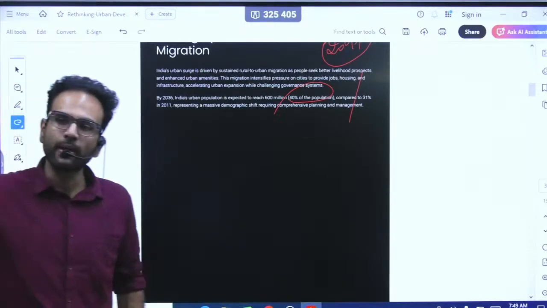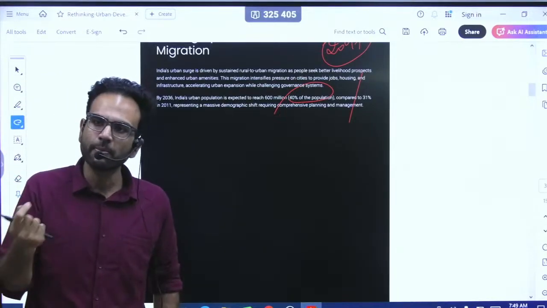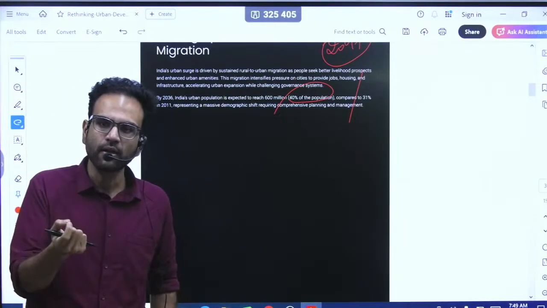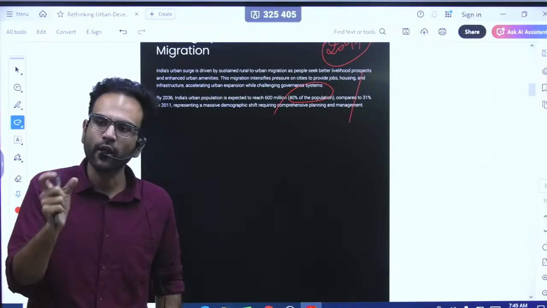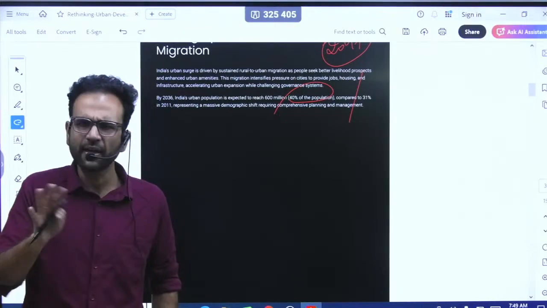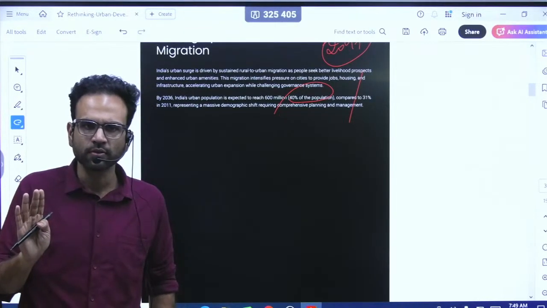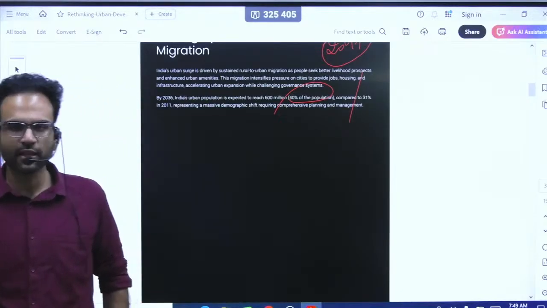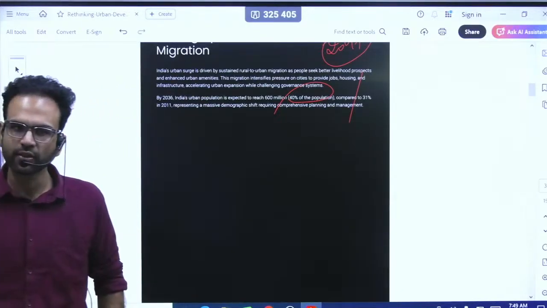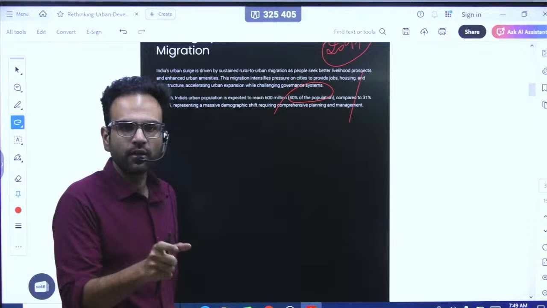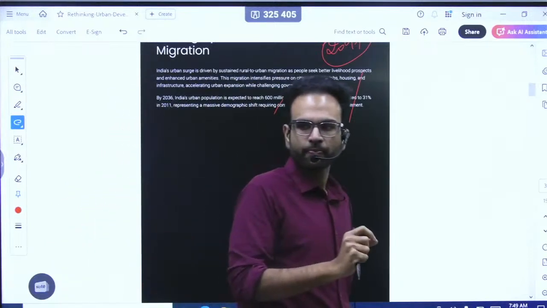What was the value back then? What did we prefer? We preferred a joint family, and the kind of emotions that a joint family has, despite its pros and cons. There are some good things, there are some bad things. That's a point for a different discussion. But the emphasis here is the change.